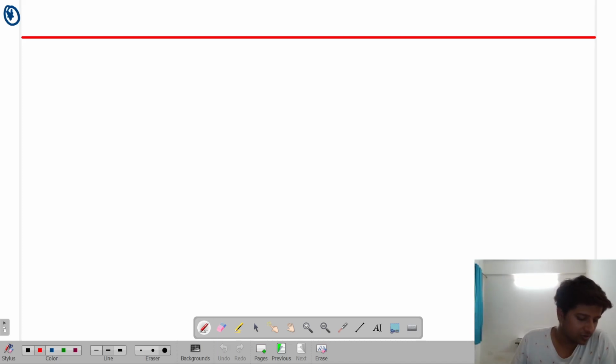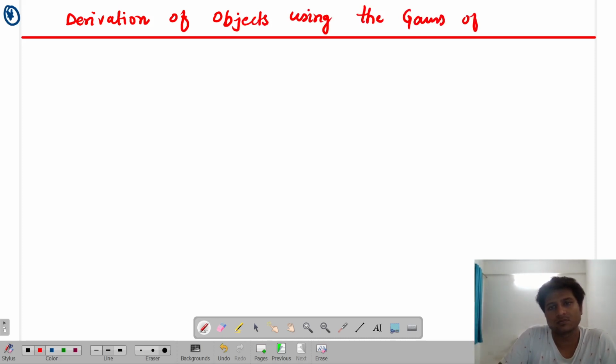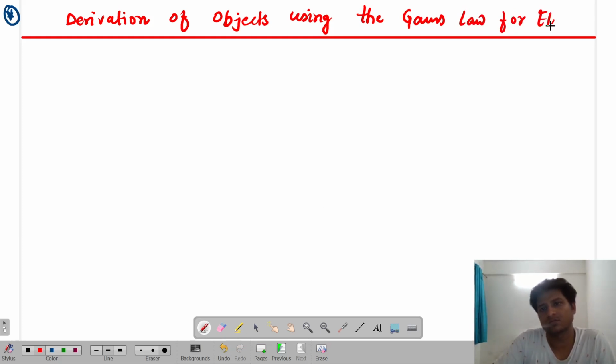So that's what we are going to do. Okay, so give the heading: derivation of objects using the Gauss law for electric field. Is that clear?